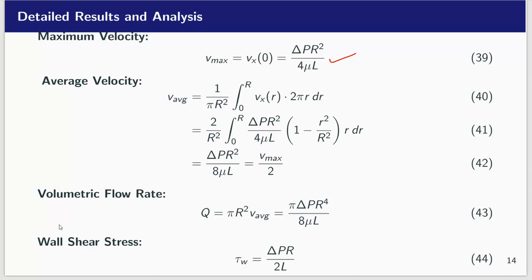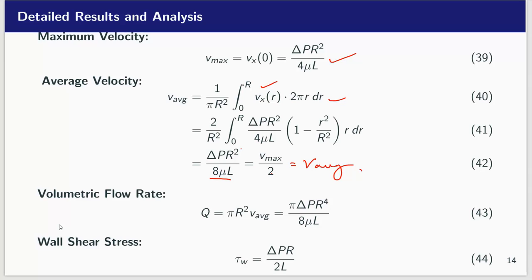Now the average velocity, v average, is 1 by pi R square times the integral from 0 to R of vx of r times 2 pi r dr. After plugging in the vx of r value and doing the integration, we'll get del p R square by 8 mu l. That is nothing but vmax by 2, so that is v average.